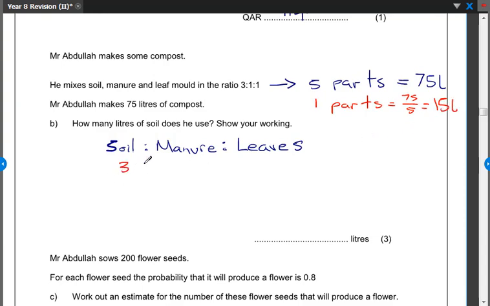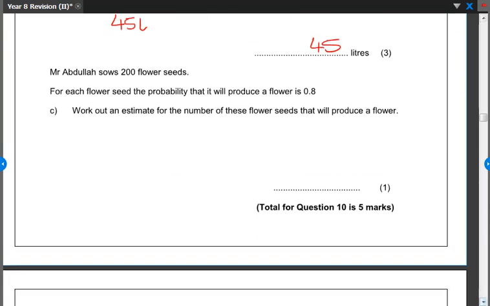So we have 3, 1, 1. How many liters of soil? Well, it's 3 parts, so it's 3 times 15, which is 45 liters. 45, that's it.